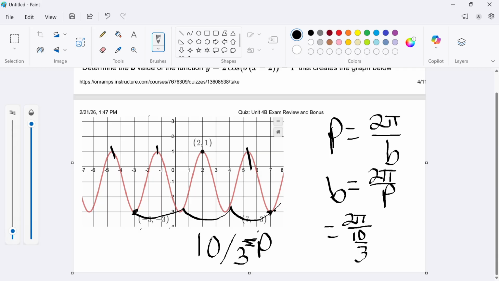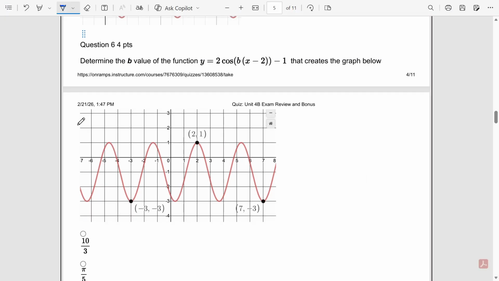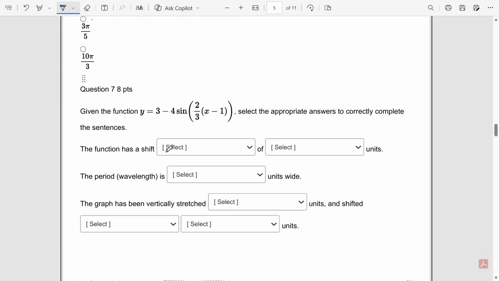So 10 thirds is 1 period, which is equal to 2 pi over 1 times 3 over 10. I flip the fraction and multiply, and 2 goes into 2 once, 2 goes into 10 5 times, equals 3 pi over 5. And 3 pi over 5. There's the answer choice.